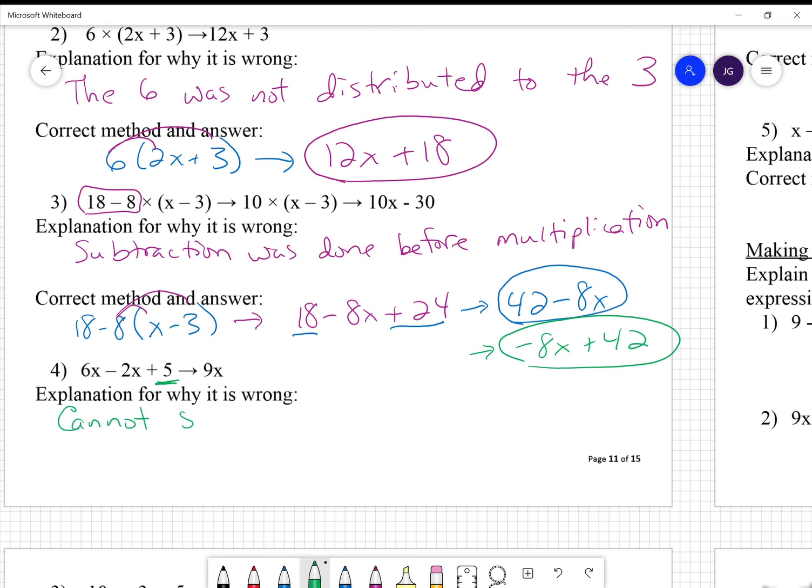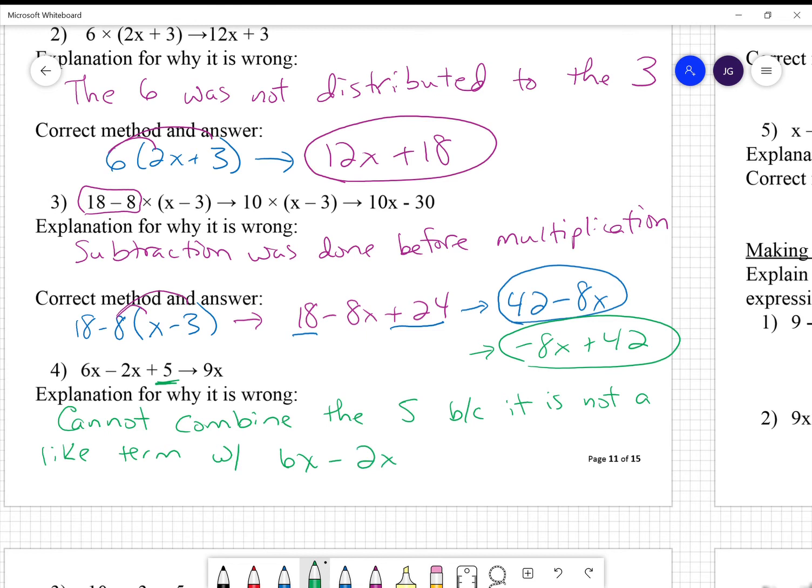Cannot combine the 5 because it is not a like term with 6x minus 2x.